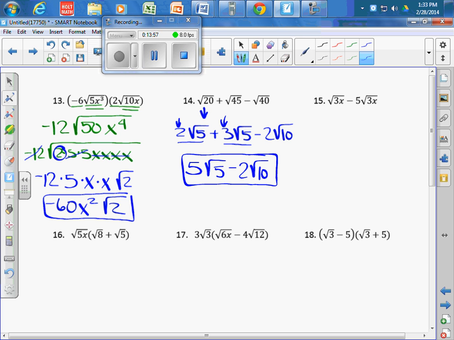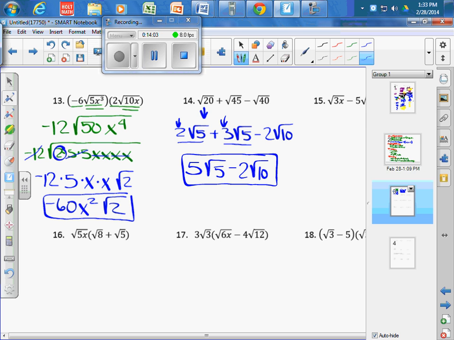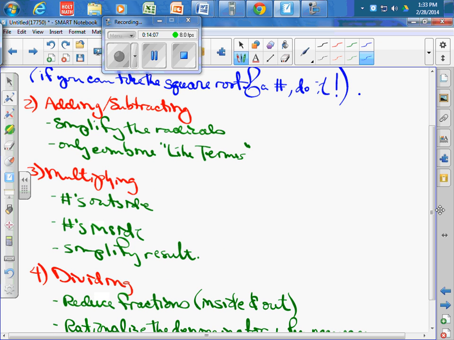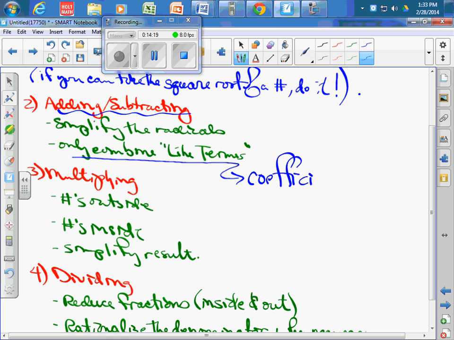Now be careful on number 15. Remember, what we're doing is adding coefficients. When you're adding and subtracting, you can only combine like terms by combining their coefficients. You add or subtract coefficients here.